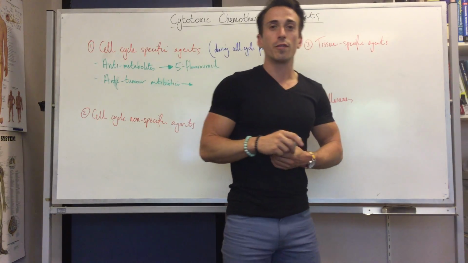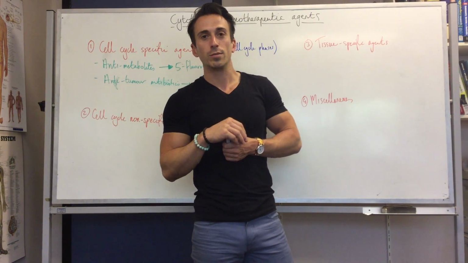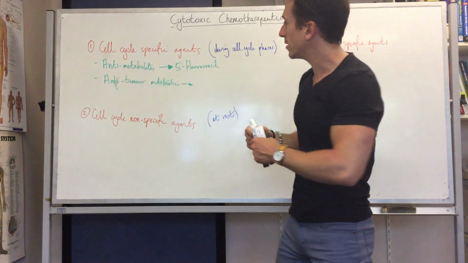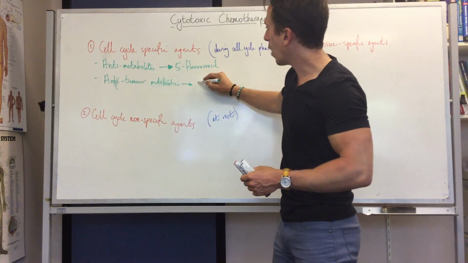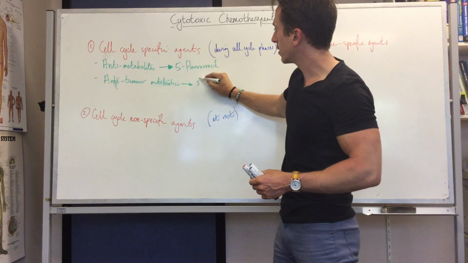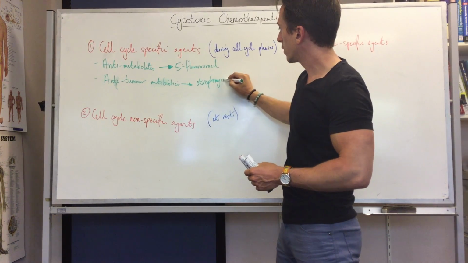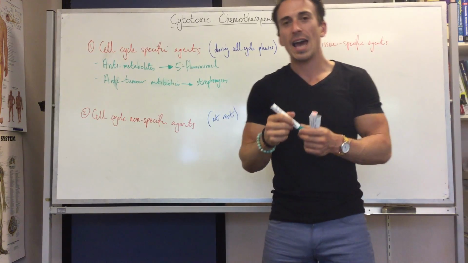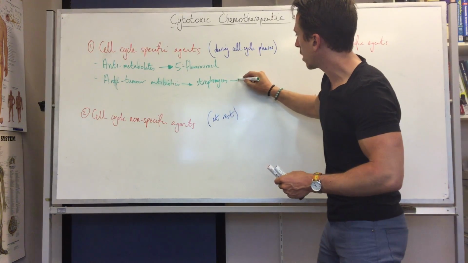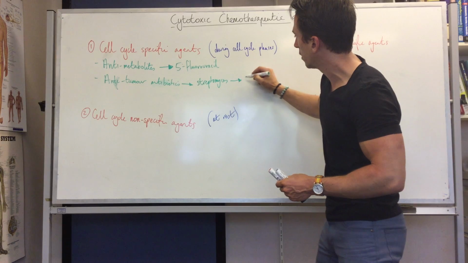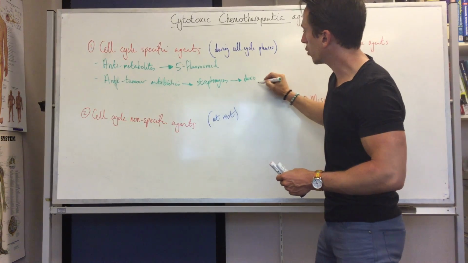And they're derived from microorganisms. So for example, Streptomyces is a microorganism from which one of these anti-tumor antibiotics is derived. Streptomyces, and this specific type of anti-tumor antibiotic is called doxorubicin.